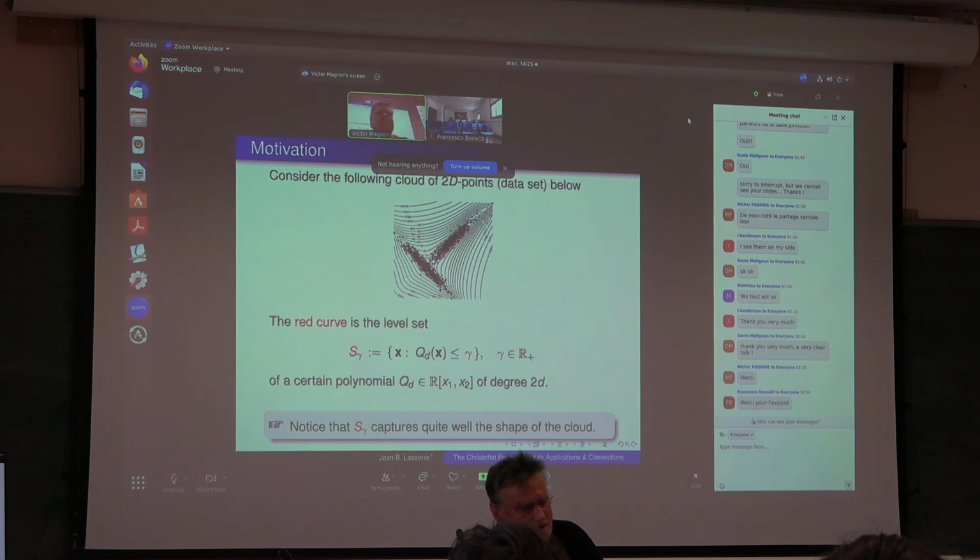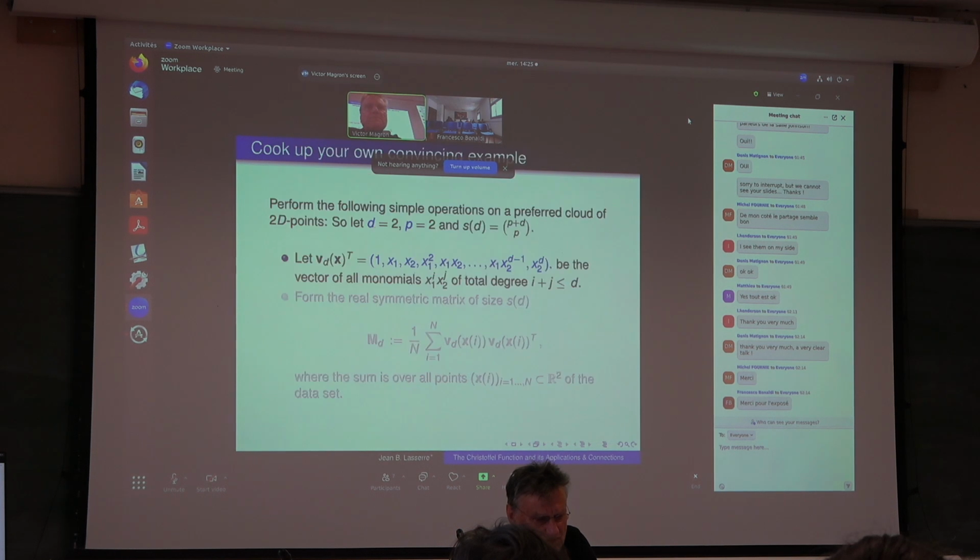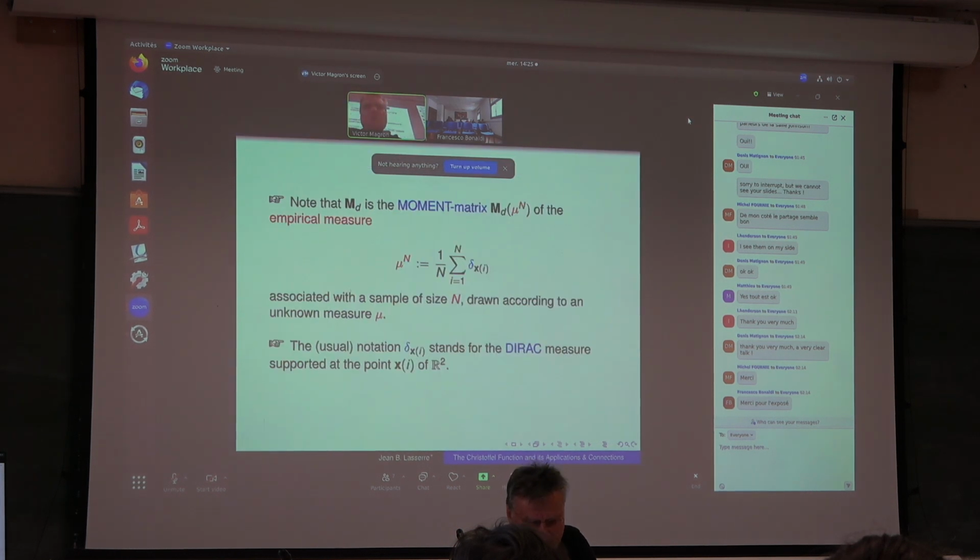When you put the points x in the plane such that QD of x equals gamma, it's exactly the red line you see on the picture. So it captures the boundary of the cloud of points. So that's all. That's a way to compute your polynomial.